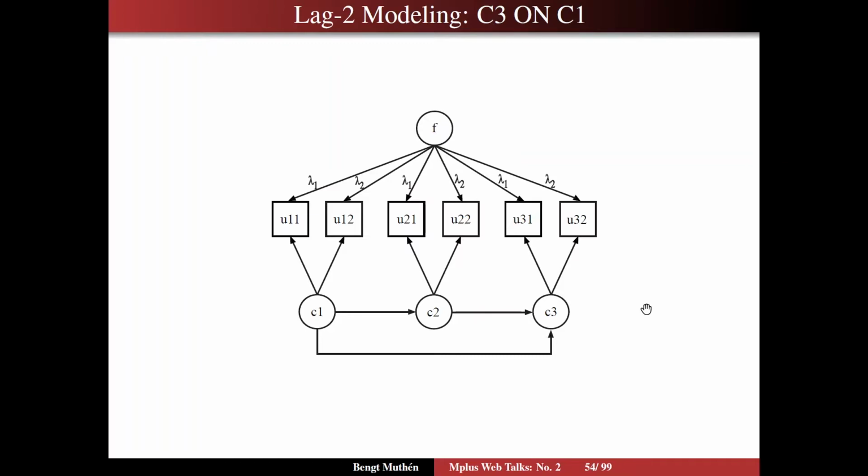This is easily done. All you have to do is say what's in the heading here, C3 on C1, and with our 4 time points, we would say C4 on C2 as well, which means that you can also have C4 on C1 and have a lag 3 included. And this may be what makes the model that we looked at before not fit the data as well as we want it to. That is, perhaps we've left out important lag 2 and lag 3 modeling.